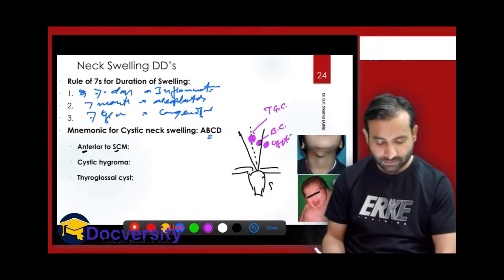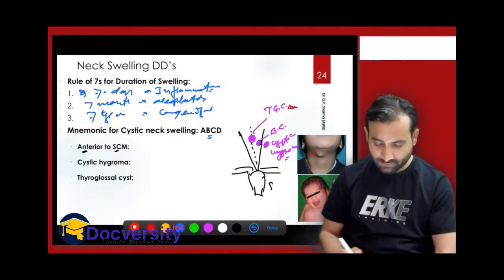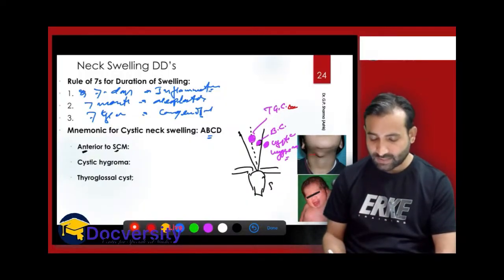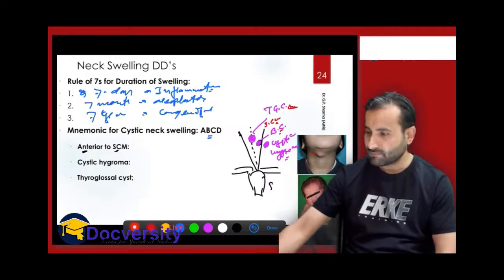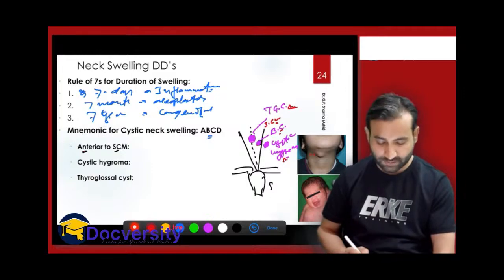The cystic hygroma. Hope you understand, right? So please remember, in the midline, that is thyroglossal cyst. If it is lateral but medial to the sternocleidomastoid muscle, this is the branchial cyst. And if it is lateral to the sternocleidomastoid muscle, then this is the cystic hygroma. So please remember like this.